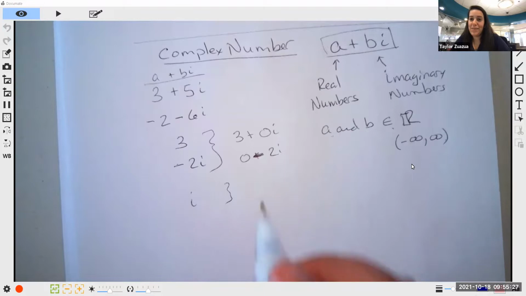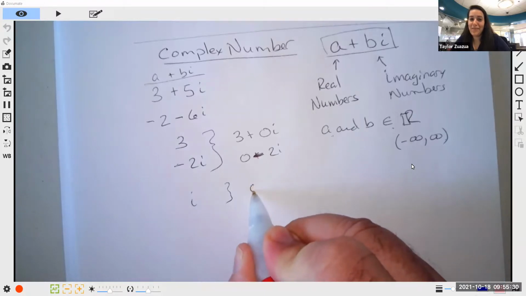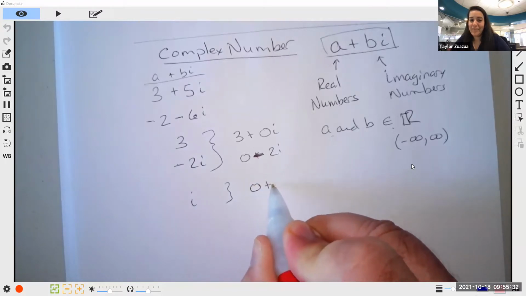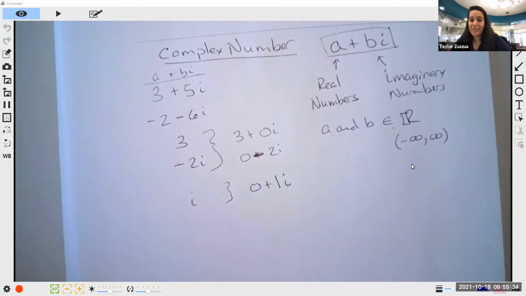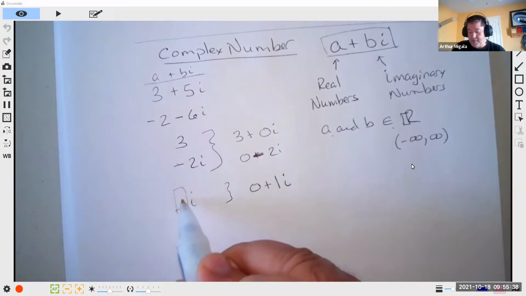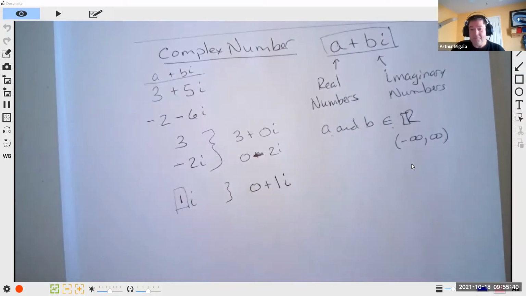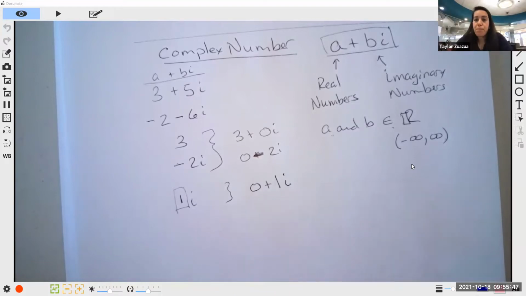It's an imaginary number. What number's in front of i? A 1. So the real part a is 0, and the imaginary part b is 1.